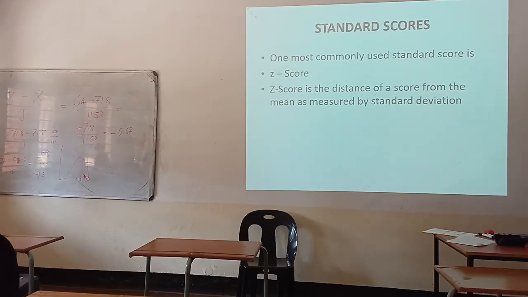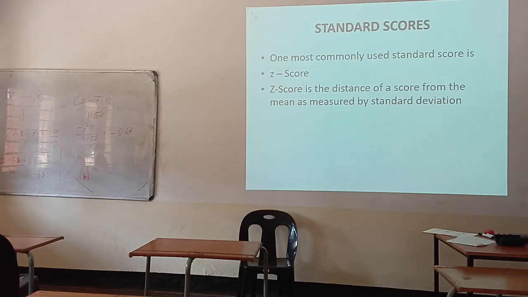Is the distance of a score from the mean measured by the standard deviation. So that's the definition of the standard score. The distance of the score from the mean as measured by the standard deviation.